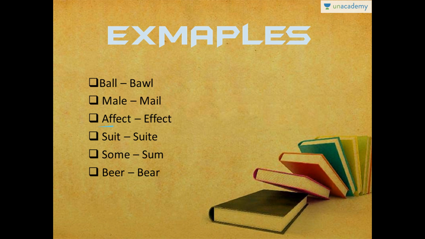Effect and affect: this is usually the after effect of something, and this is the other one. Some is when we have a few things together, and sum is when we calculate a few things. Beer is a liquor, and this bear is the animal. This suite is the room we have in hotels, and this is the suit we wear. So these are a few examples of homophones.